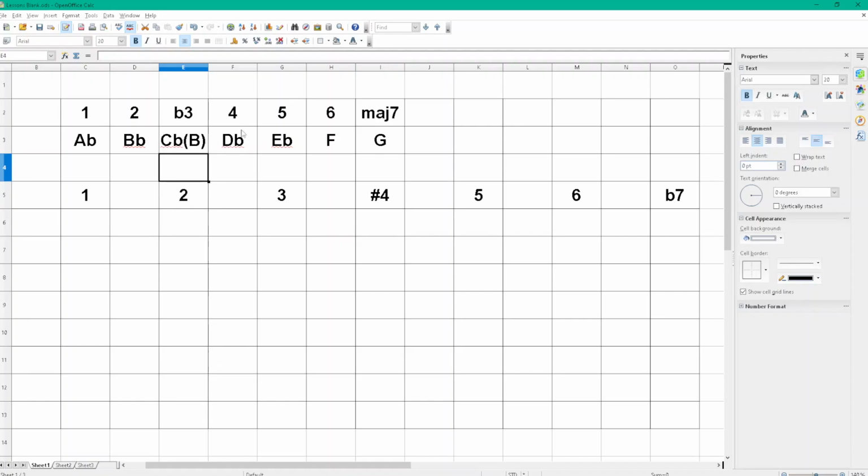Here I have an A flat melodic minor, and we know the melodic minor intervals: the first degree is 1, 2, flat 3, 4, 5, 6, major 7. If I start from the 7th note of the scale, I have G, A flat, B flat.